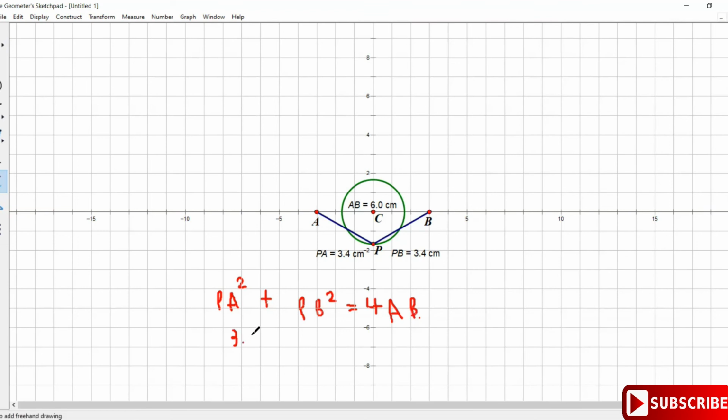So that means that 3.4 squared plus 3.4 squared is supposed to equal 4 times AB, where it is 4 times 6, which is 24. Let's say that 3.4 squared plus 3.4 squared. You're going to get 23.12.